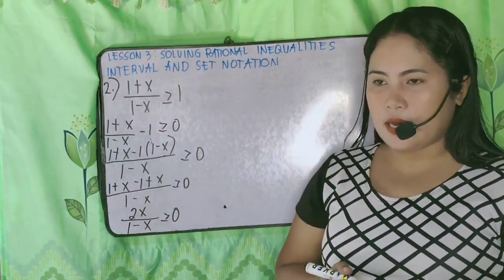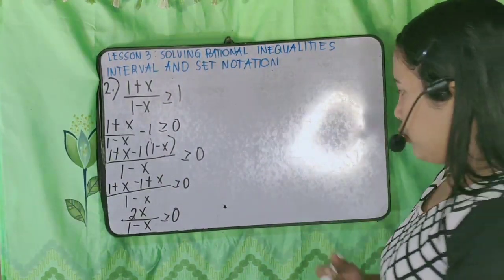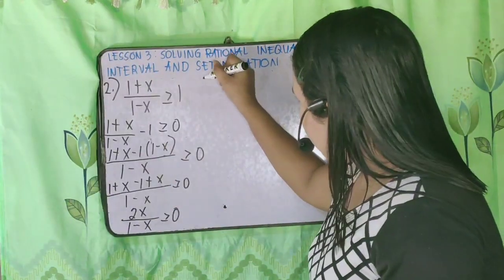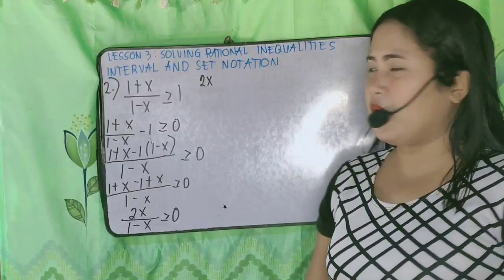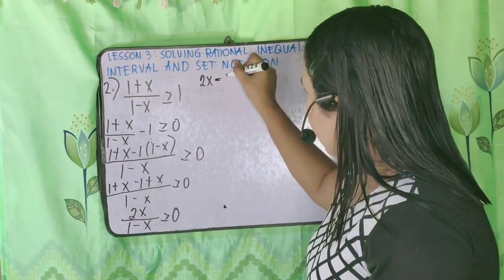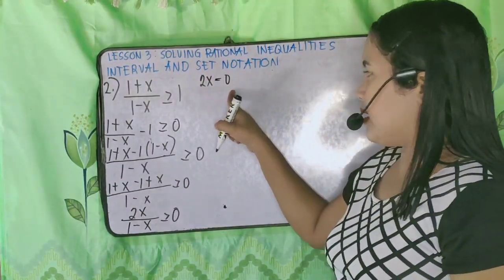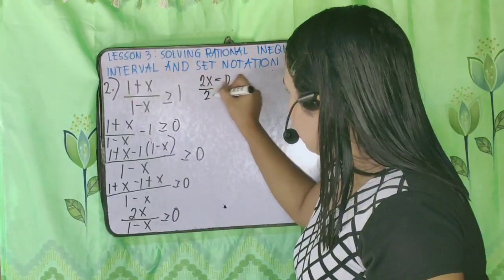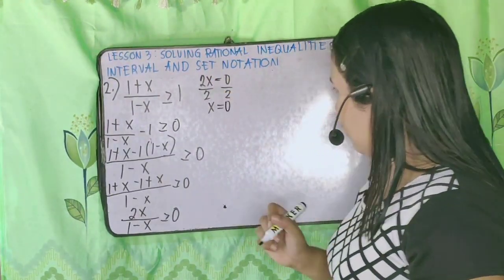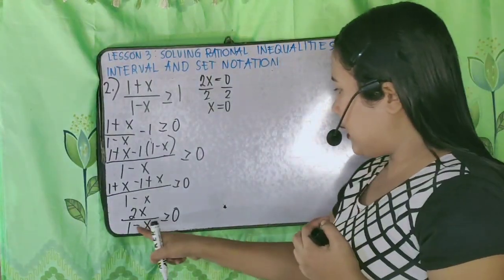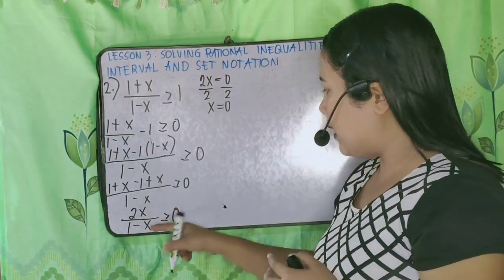Now, second step is factor out po muna natin siya. Okay. So, factor natin yung 2x. So, since 2x, wala naman siyang kasama, of course, 0 na po siya. Bakit? Kasi, i-divide natin siya both side by 2. So, of course, our x will be 0. And then, next na natin i-equate yung 1 minus x.